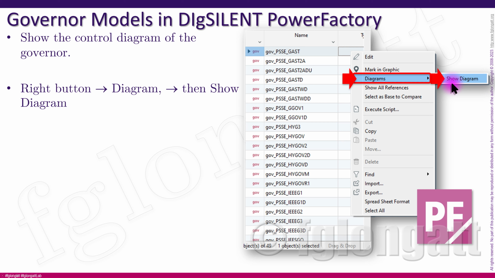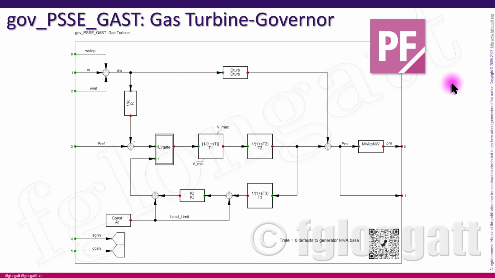When you do so, DIgSILENT PowerFactory automatically shows you the graphic object representing the whole control model. What is interesting to show you is that you will always see inputs as small dots in green color. Every single block has inputs and outputs. All the inputs are in green color and all the outputs are in red color.